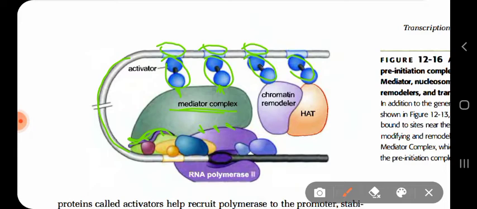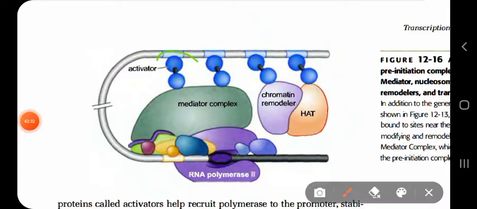These activators also help to recruit the RNA polymerase to bind properly to the promoter region, and that is done by interaction between the activators, which are already bound to the DNA, and parts of the transcriptional machinery. Most often, as given in the diagram, activators associate with the mediator complex.